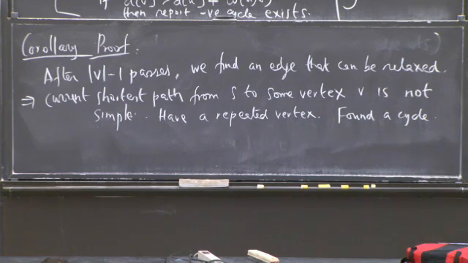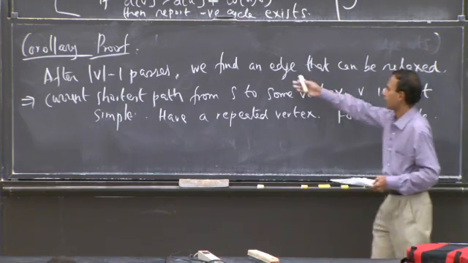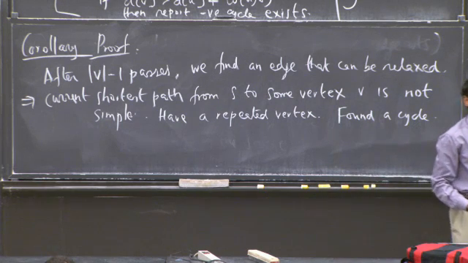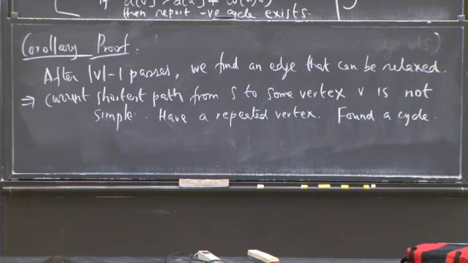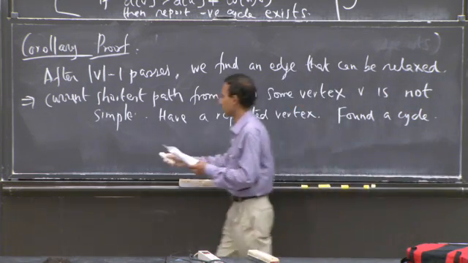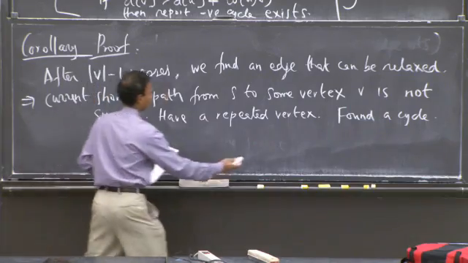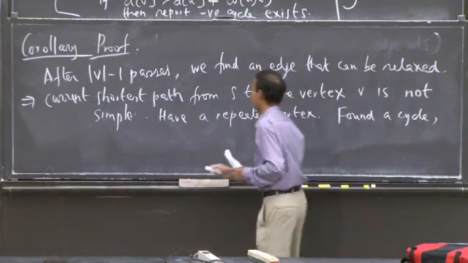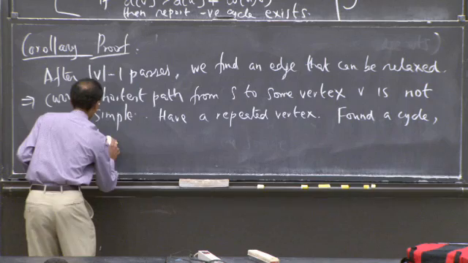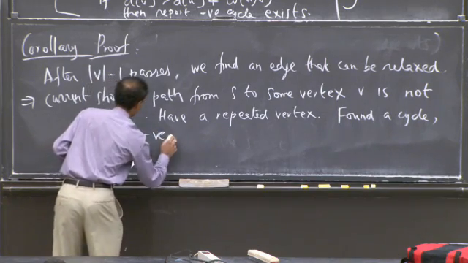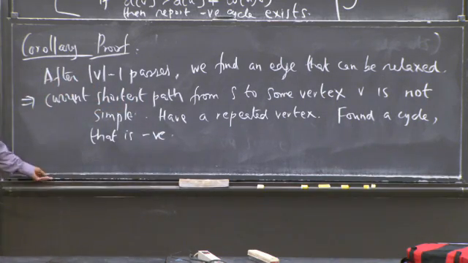And it's a negative weight cycle because I was able to relax the edge and reduce the weight after I added a vertex that caused a cycle. All right? And so this cycle has to be negative weight. Found a cycle that is negative weight. All right, that's pretty much it.